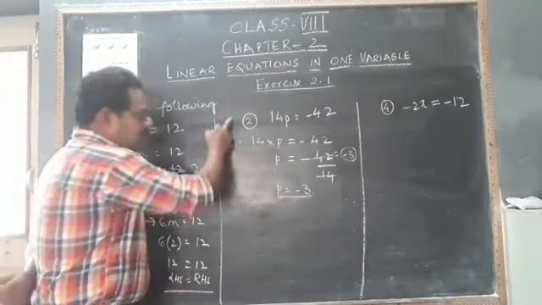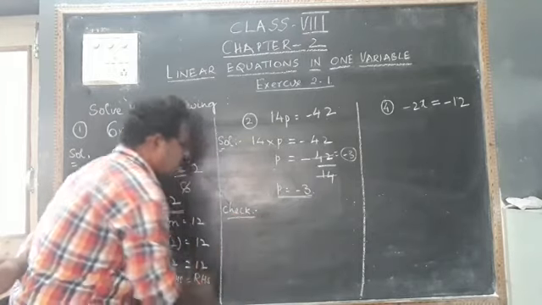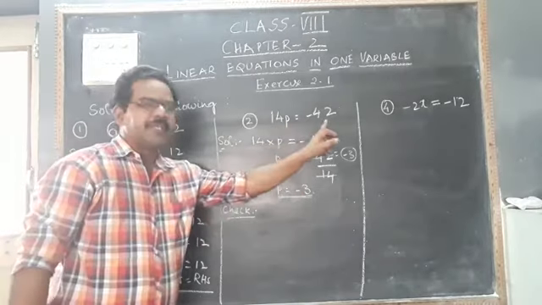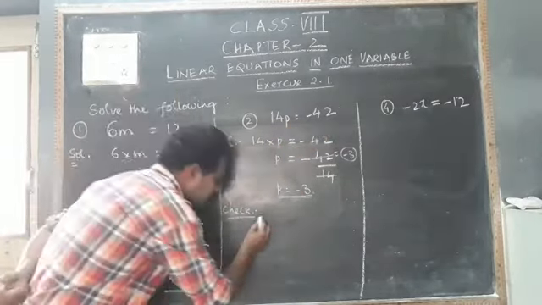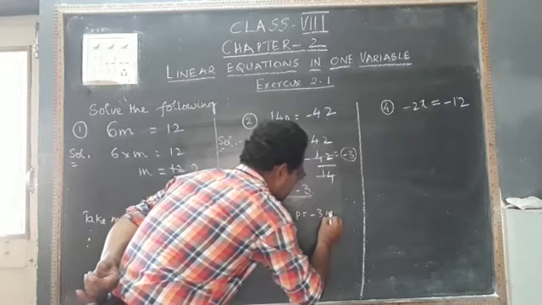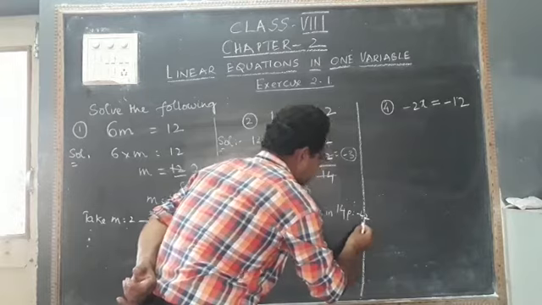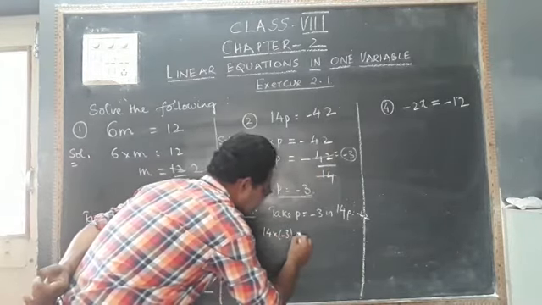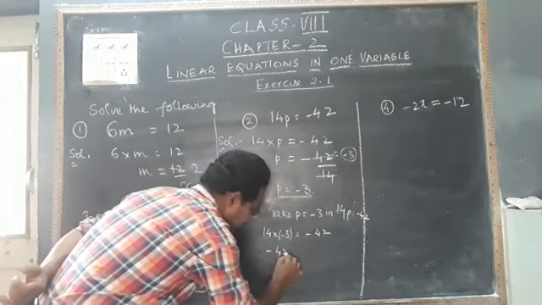Now we have to check whether it is true or false. While checking, you have to substitute p is equal to minus 3 in the equation 14p is equal to minus 42. 14p, 14 into minus 3 is equal to minus 42. 14 threes are 42, plus into minus is minus.